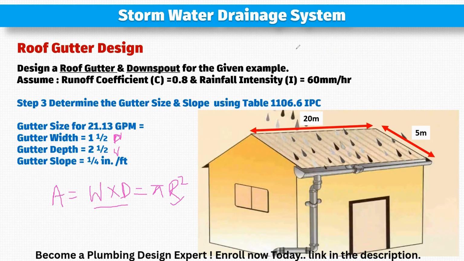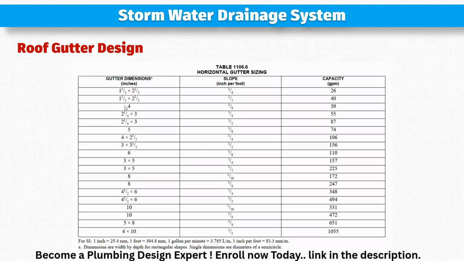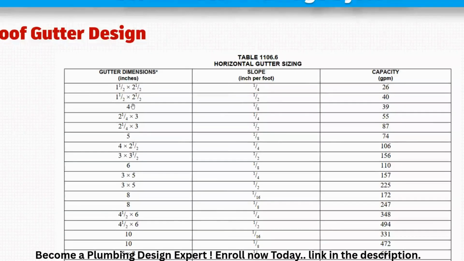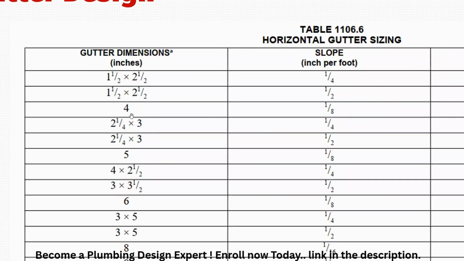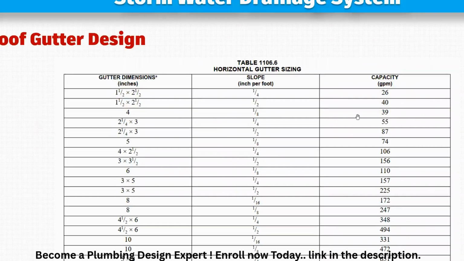So as per the IPC, for 21.3 GPM, you must go with the rectangular gutter. Okay, and in this table somewhere you see they have given only one dimension, 4 inches, 5, 6, 8. So as per IPC, for 39, a round, that is a semicircular gutter, is recommended.